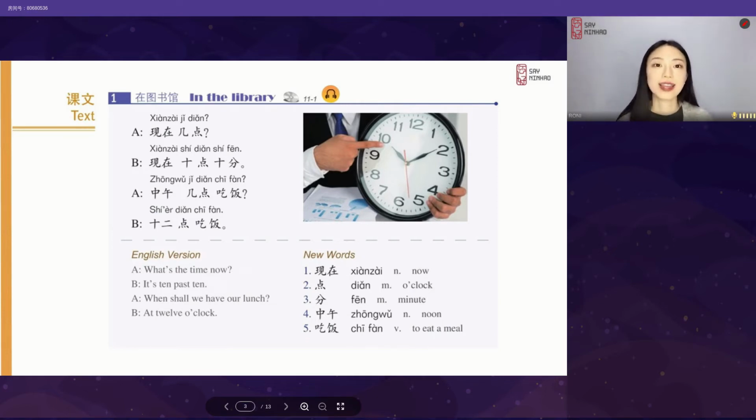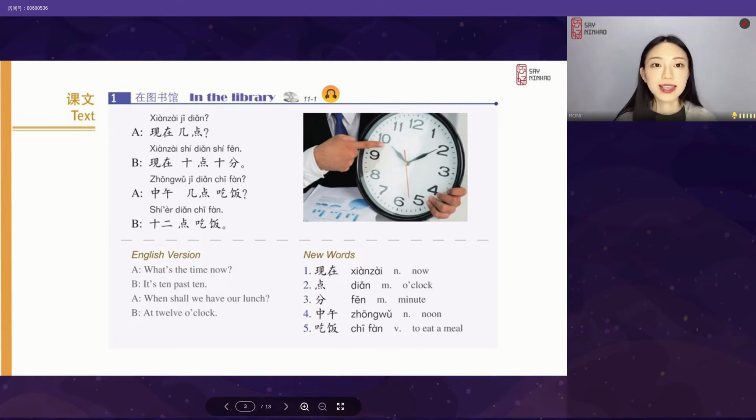Okay, very good. Now I will read the text and please listen carefully. 现在几点？现在10点10分。中午几点吃饭？12点吃饭。Okay, let's see the text sentence by sentence.